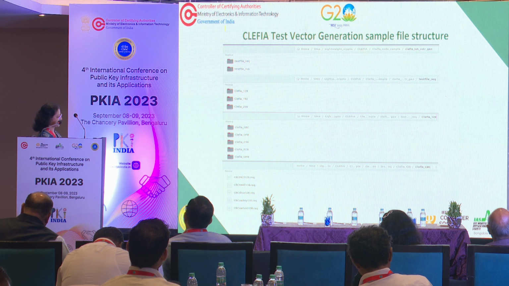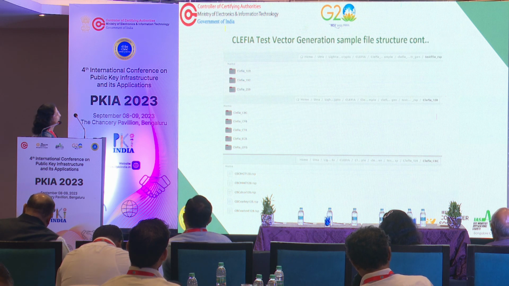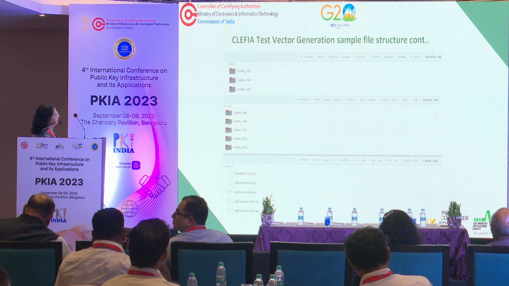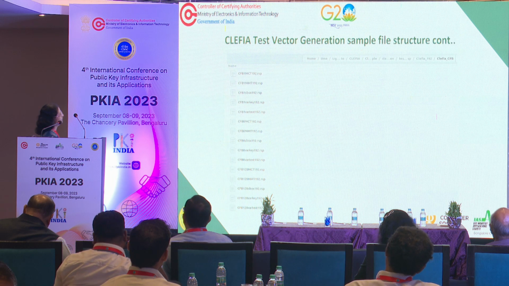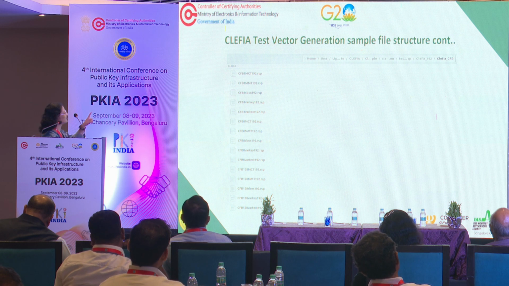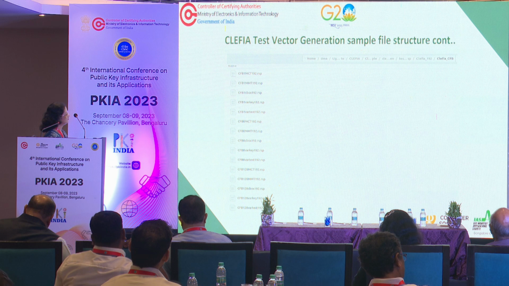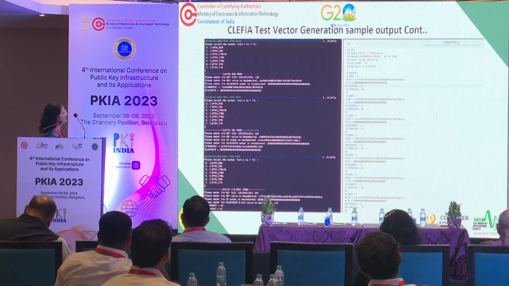This is for the request file generation, and similarly response generation consists of different file structures. The CFB mode consists of different subdivisions like CFB1, CFB8, CFB128, depending upon the block size of that cipher. This is how I have tested the test vector generation.